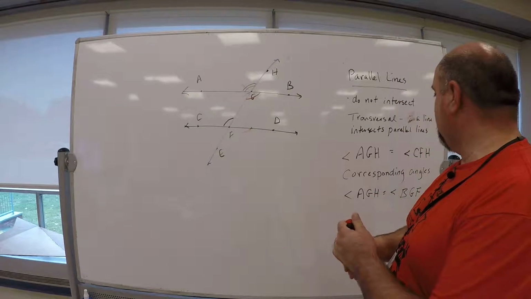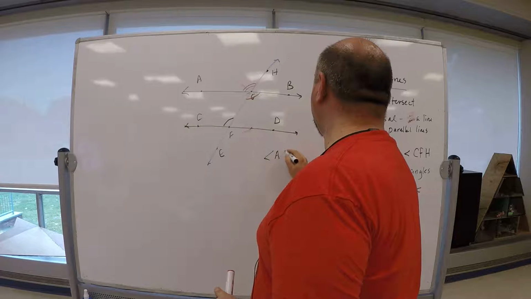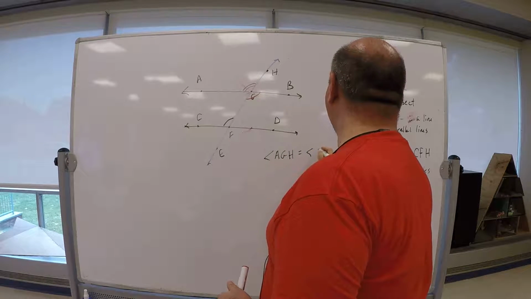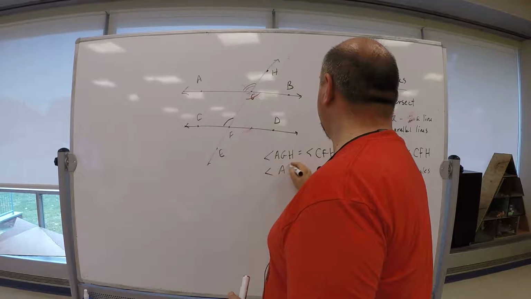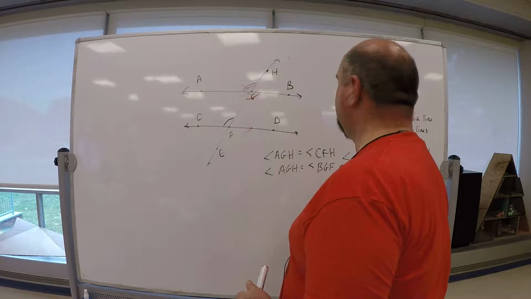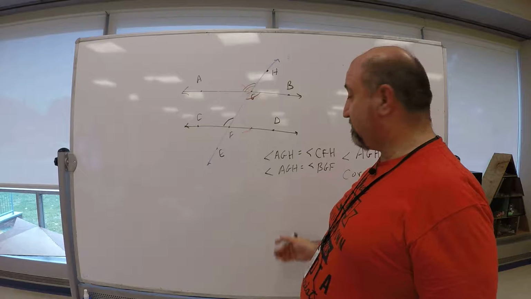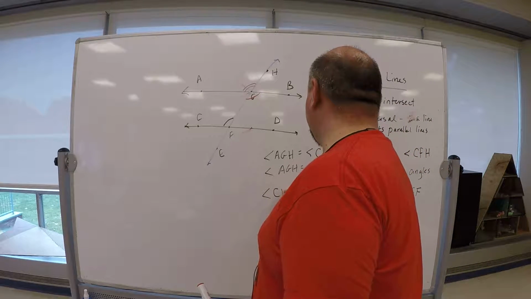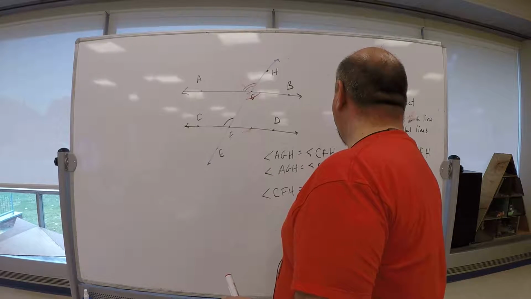Well, but we also just showed that angle AGH is equal to angle CFH. That was the corresponding angle. And now we know that angle AGH is also equal to BGF, the vertical angle. Things that are equal to the same thing are equal to each other. So you can say that angle CFH equals angle BGF.